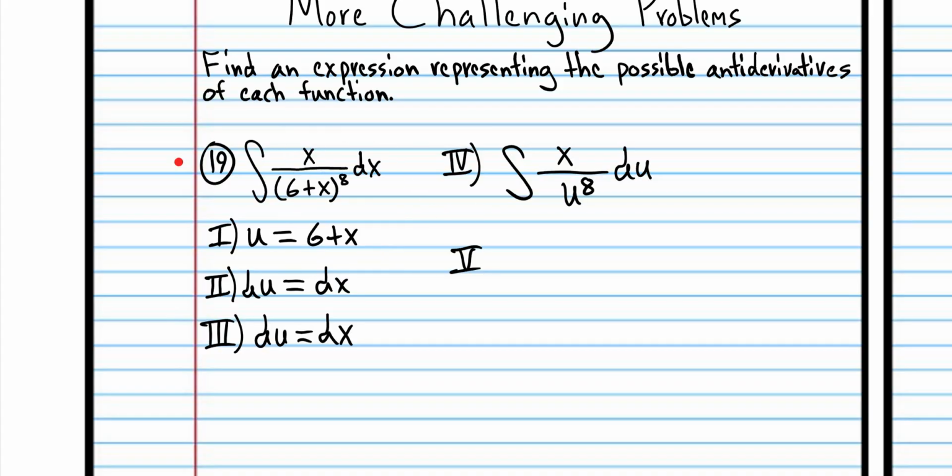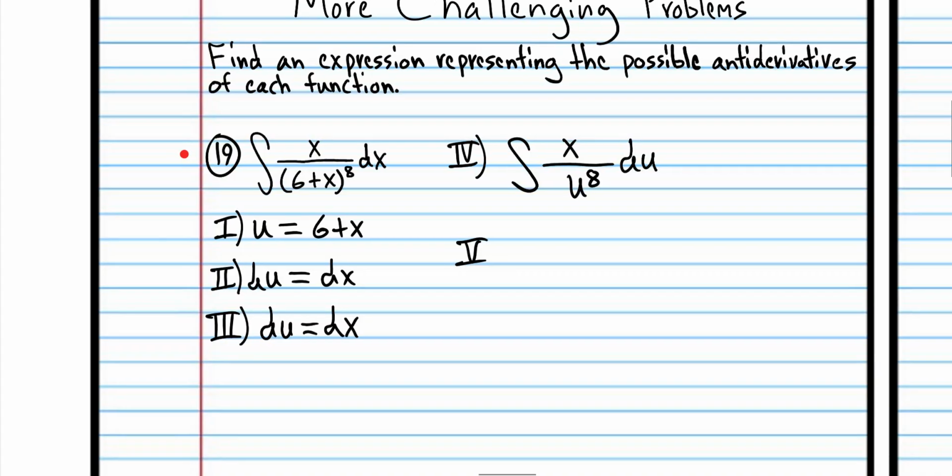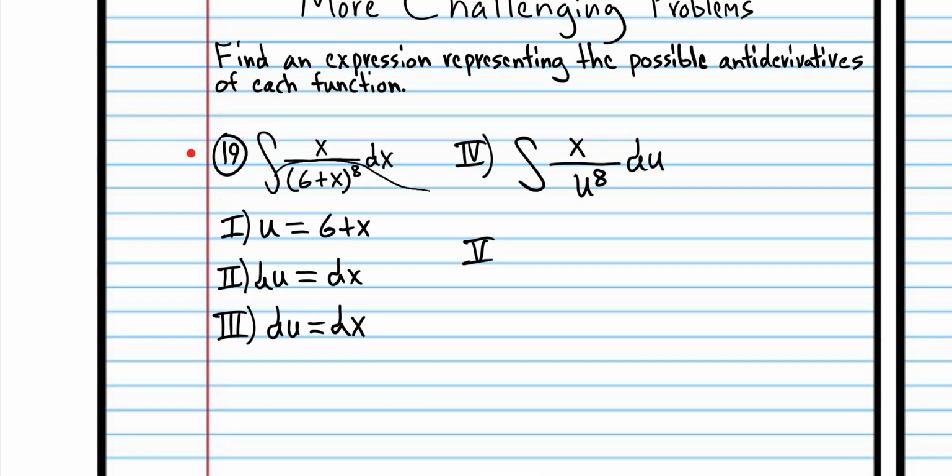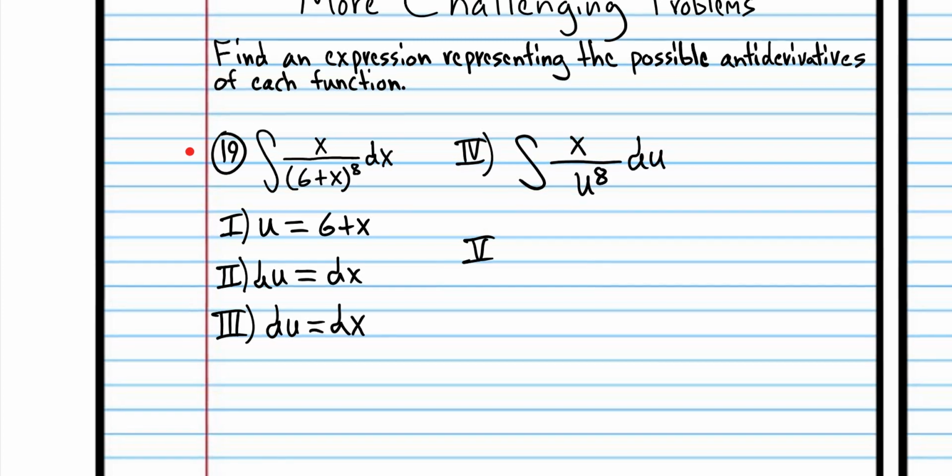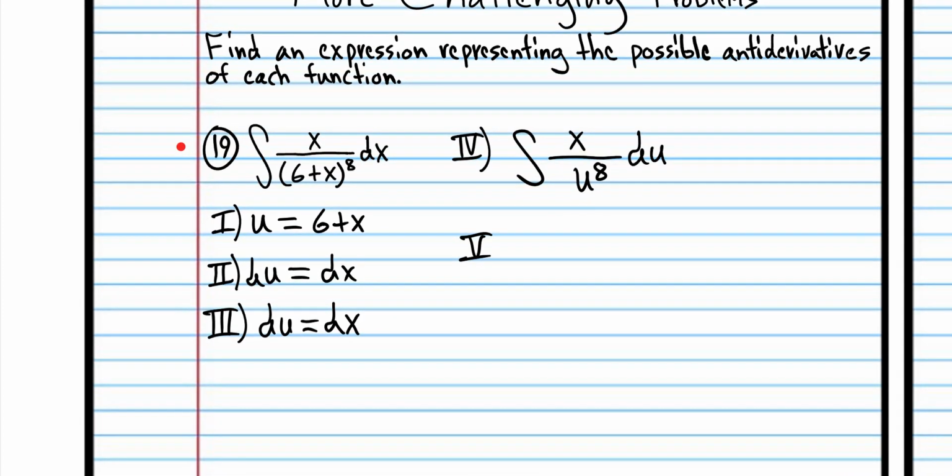It wouldn't be any easier to find the antiderivatives. There's really nothing else we can do. We could try making this whole expression here equal to u, but that wouldn't really help us. It wouldn't make it easier to find the antiderivatives.